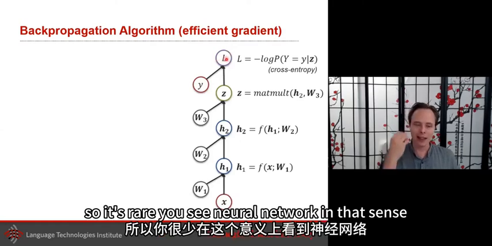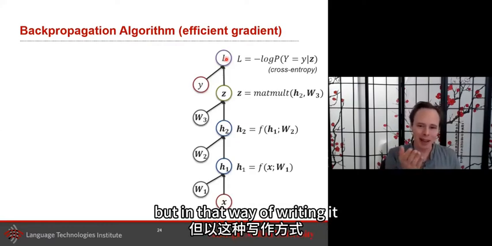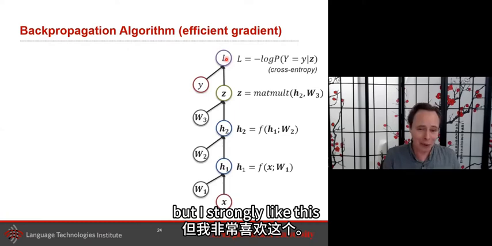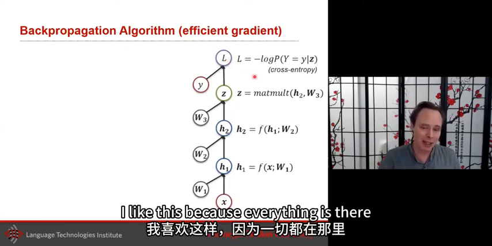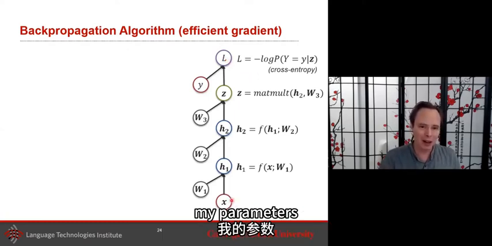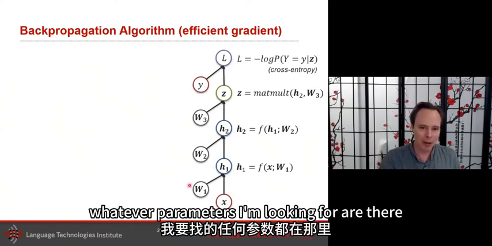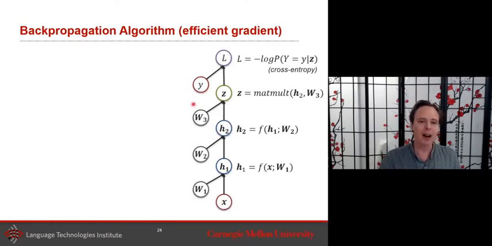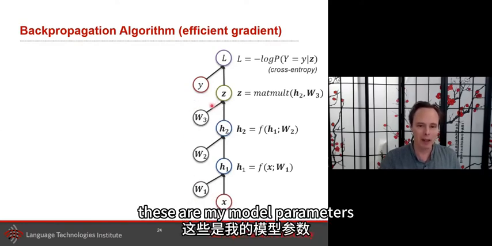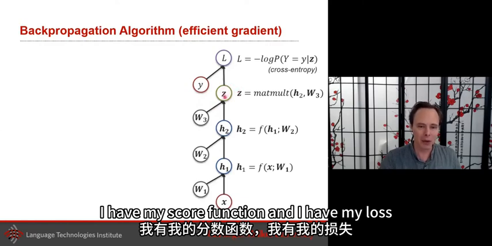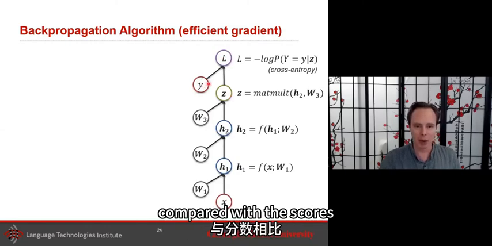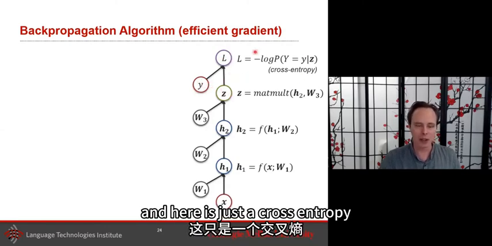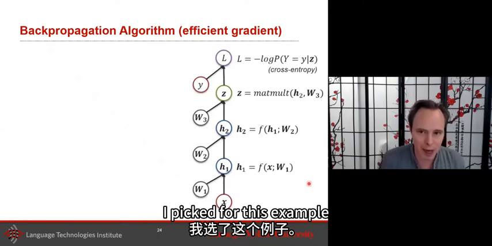It's rare to see a neural network written this way, but I strongly like it because everything is there. My parameters, whatever parameters I'm looking for, are there. These are my model parameters. I have my score function, and I have my loss, and then I have my ground truth compared with the scores. And here is just a cross entropy I picked for this example.